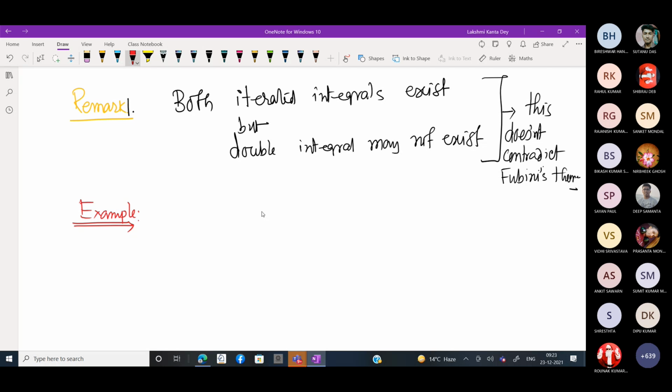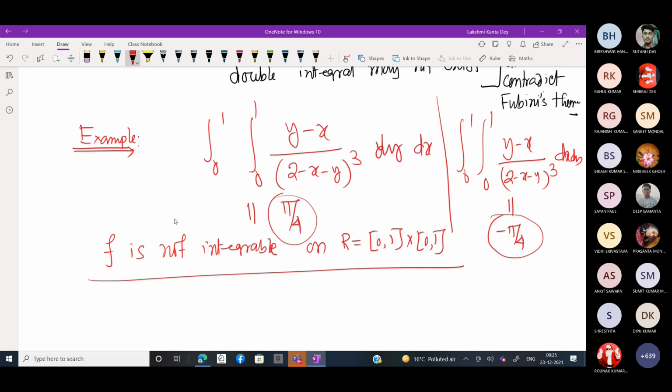Some of the students gave the correct answer to this, so I'm happy to get correct answers. How can this be done?